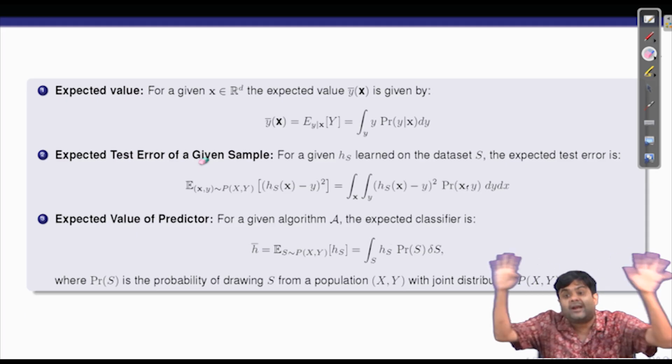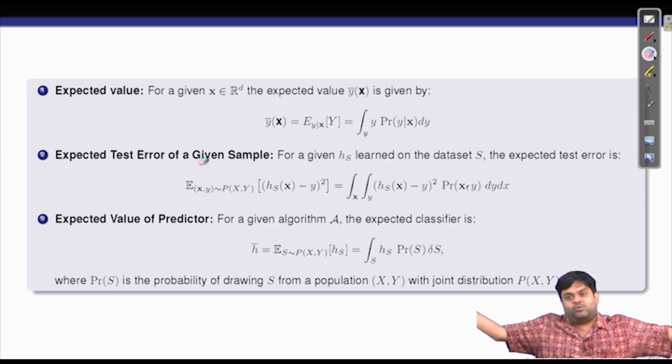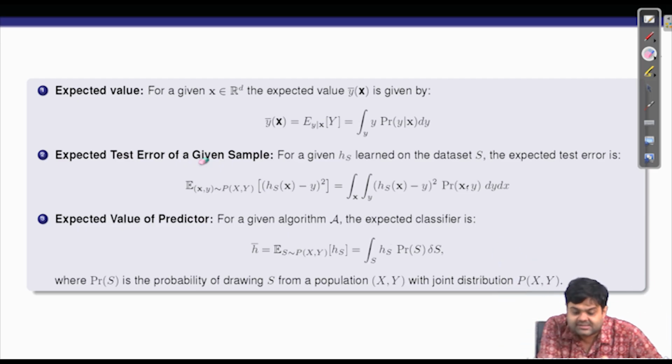So that will be the total error: you take for all possible s, all possible x, all possible y, the difference between Hs x and y, take their square and then take the average over all possible x, y, s, then that will be the grand error. We will get into that, but this is the expected error for a given sample.